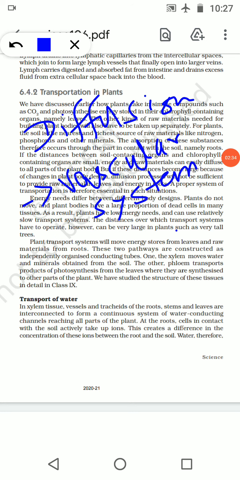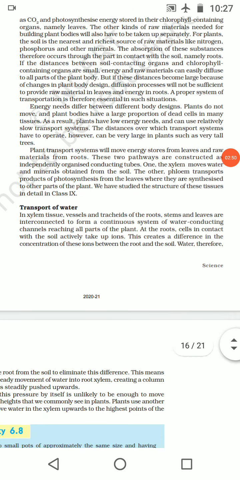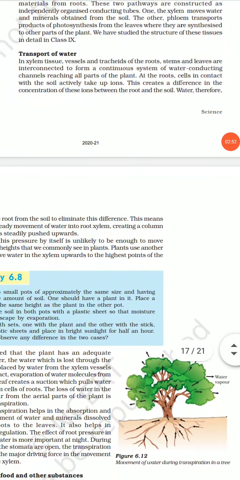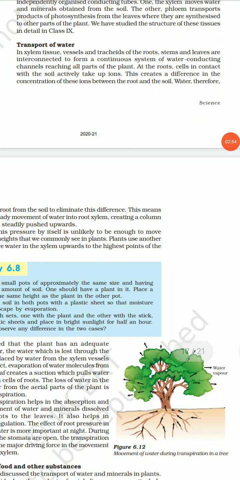What is the vascular system in plants? Xylem, which I told you just before, and phloem. So here are two pathways. Coming to the first one, how is water transported?